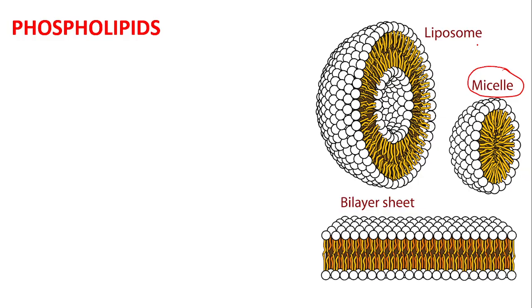This is whereby they are not able to dissolve in water, but they form a cluster-like structure, and this cluster-like structure which they form in water is called a micelle. This is a property of lipids which is unique to them.